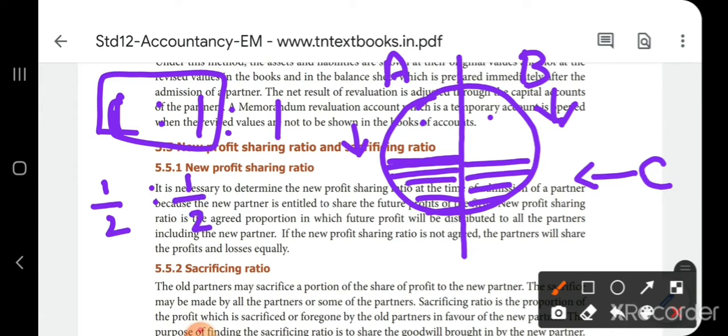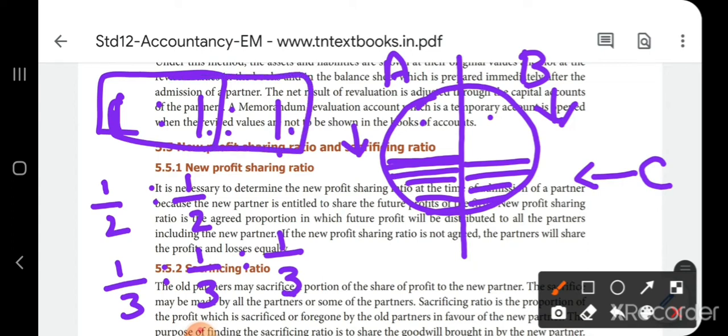When C comes in, A is getting 1/3, B is getting 1/3 and C is getting 1/3 of the share. 3 is the sum of all the 3. Hope you know the fraction part by whole. A's part is 1, the whole is 1, 2, 3. Part by whole.